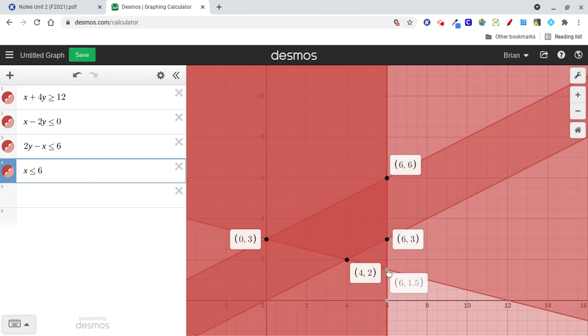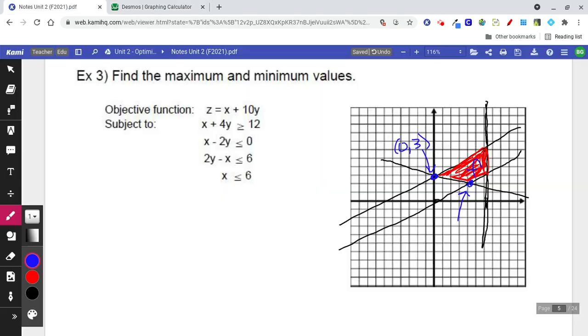Don't look anywhere else. I don't care about this. I don't care about this. I don't care about this. I only care about the corner points that define my feasible region. So this one was (4, 2). This one was (6, 3). And this one was (6, 6).